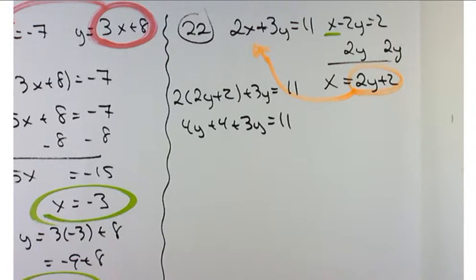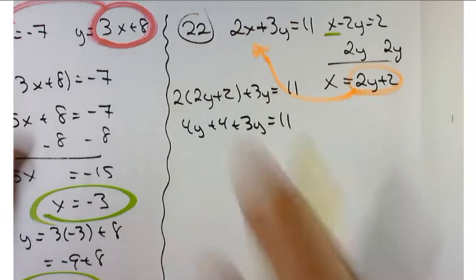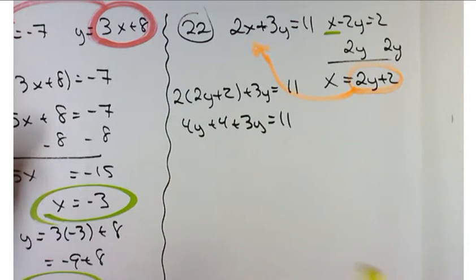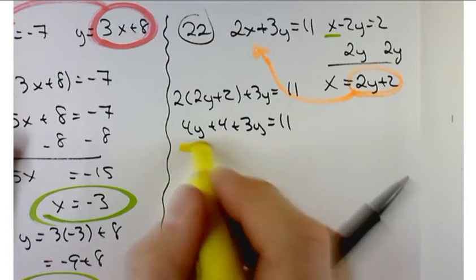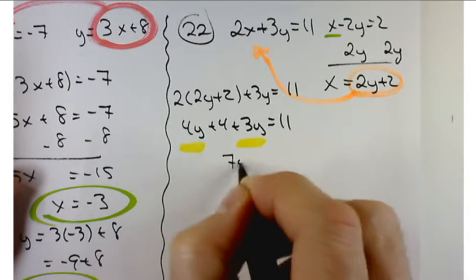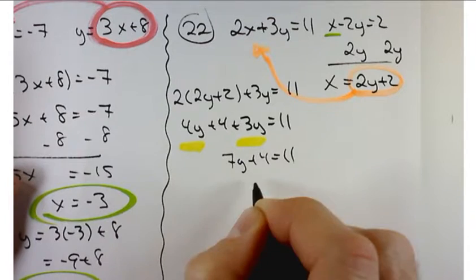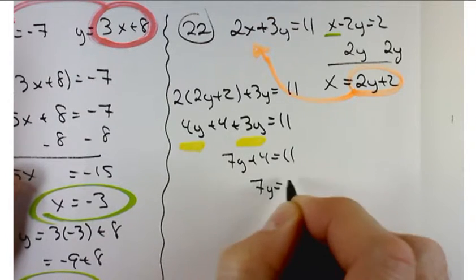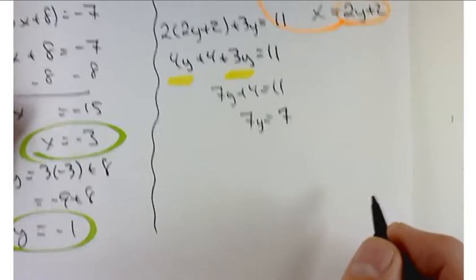What should I do to solve here? All right, plugged in there, distributed. Good. So 7y plus 4 equals 11. Subtract the 4 as suggested. What does y equal?